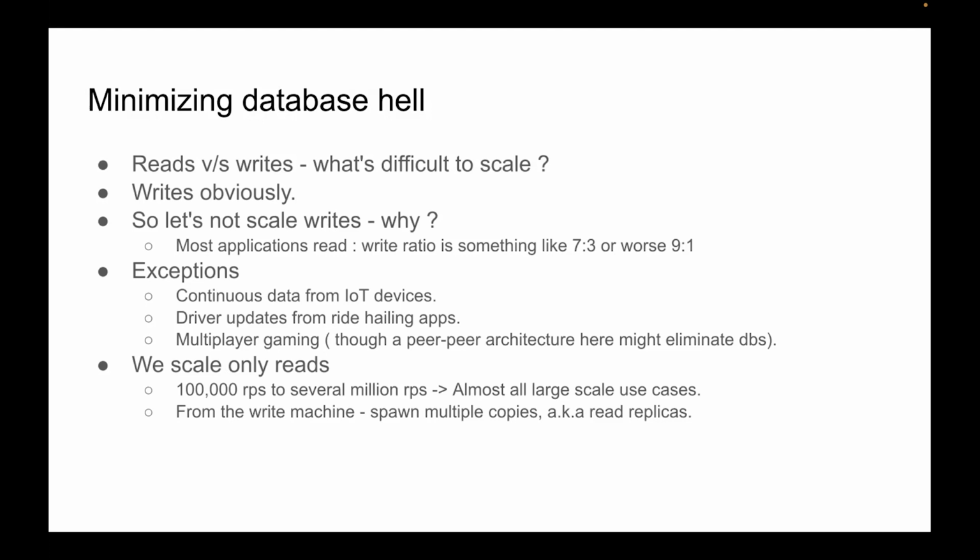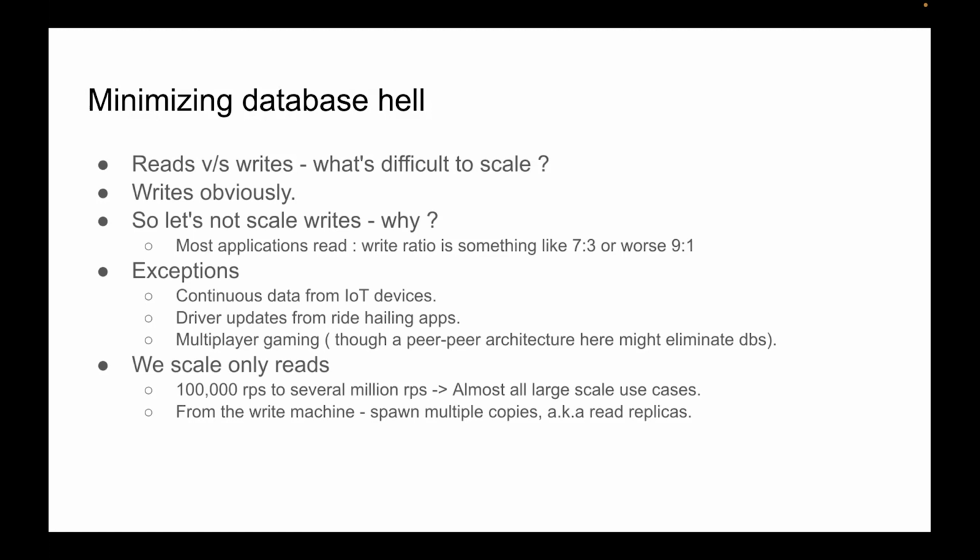So how do we do this? From the single machine where I'm taking the writes, I will just spawn multiple copies, commonly known as read replicas. Each copy server can now handle a specific set of reads.